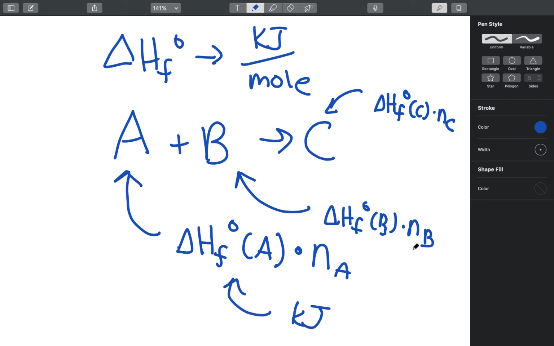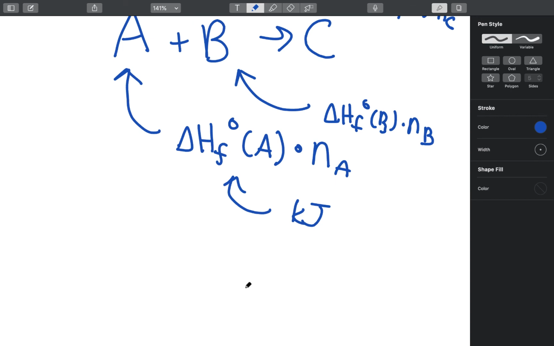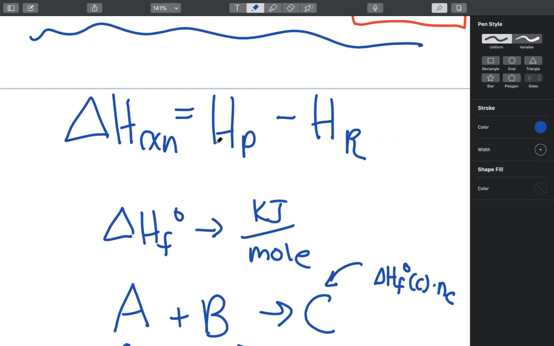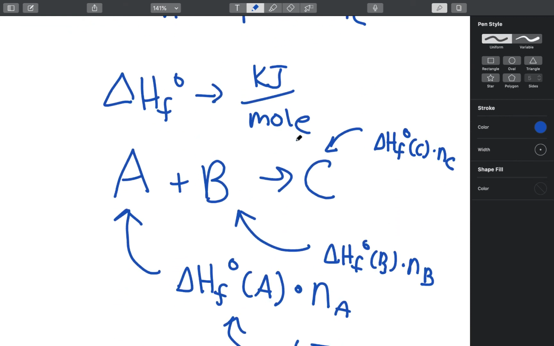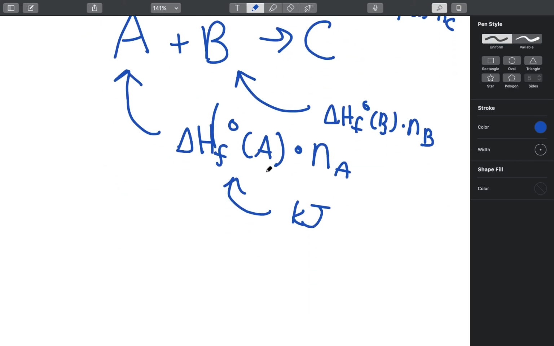So how can we put all of these together in order to find the heat of a reaction? Well, in order to put these together, we just follow our equation above. The heat of reaction is equal to the enthalpy of the products minus the enthalpy of the reactants. So all we have to do is arrange these different equations into the equation above, or substitute in.